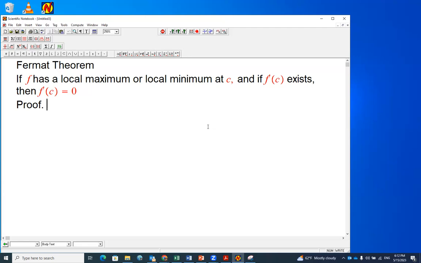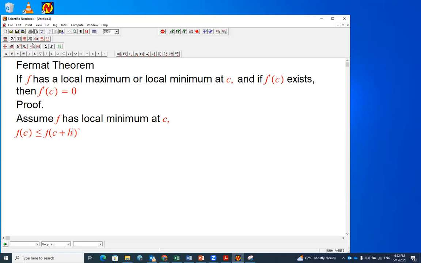Okay, so we assume that f has a local minimum at c. What does that mean? By definition, it means that f of c is a local minimum, so that it is smaller than or equal to every other value in the neighborhood.